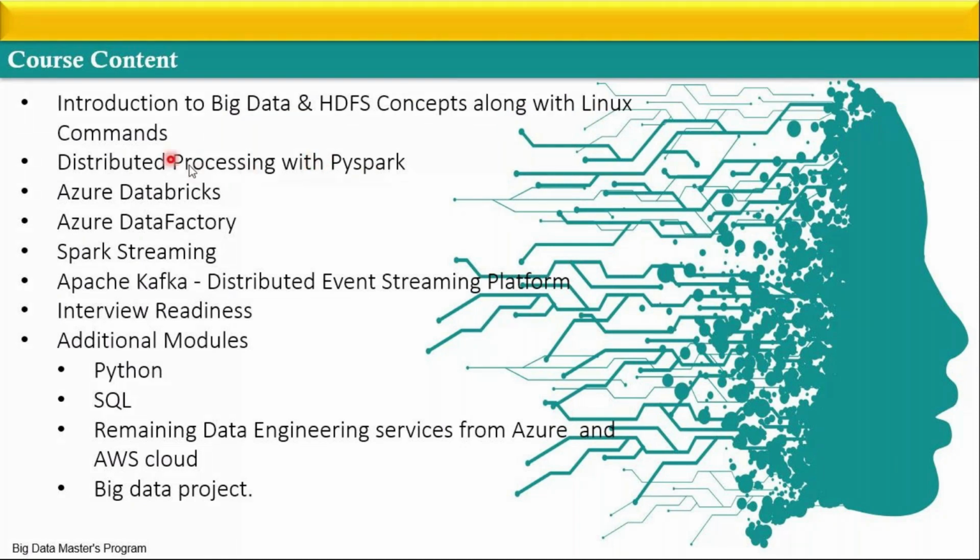Sqoop and Hive are there. Then Azure Data Factory, Databricks. Azure Databricks is a flavor or managed service from Azure for Spark coding. Azure Data Factory is where we are going to run our application. Then Spark Streaming, Kafka for the ingestion perspective.